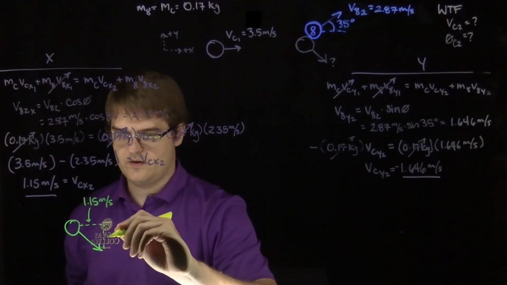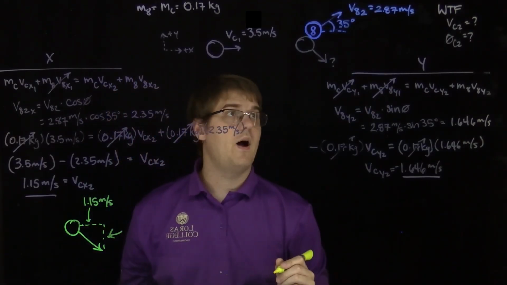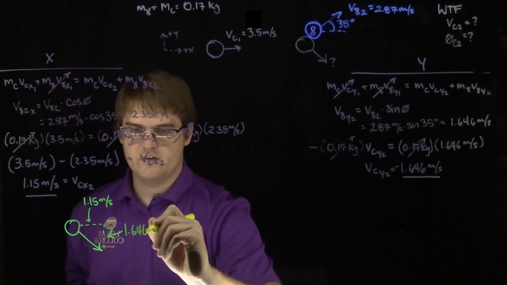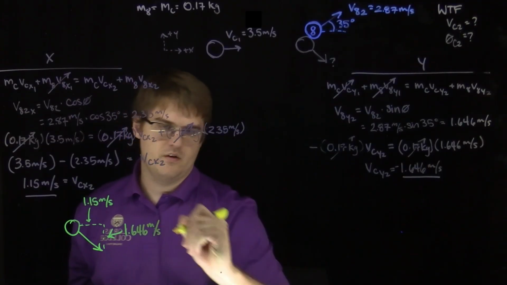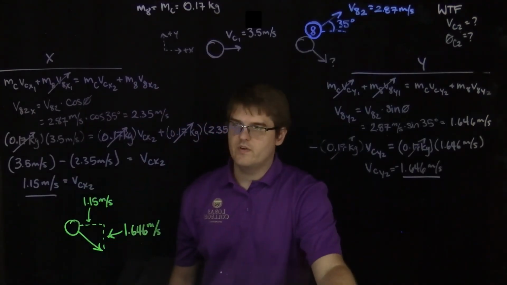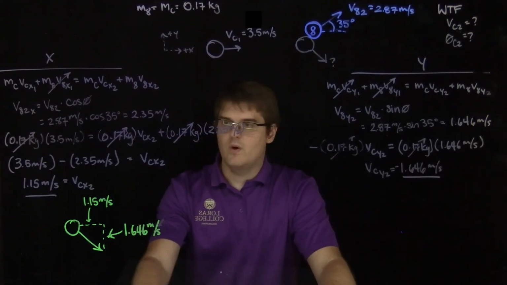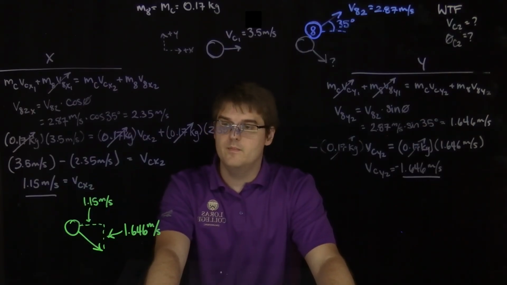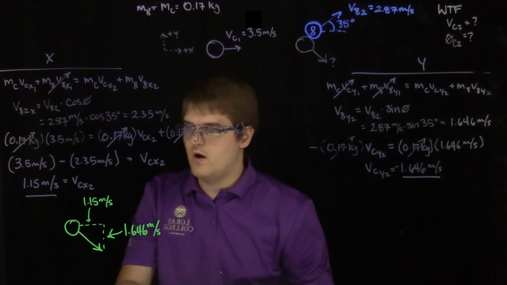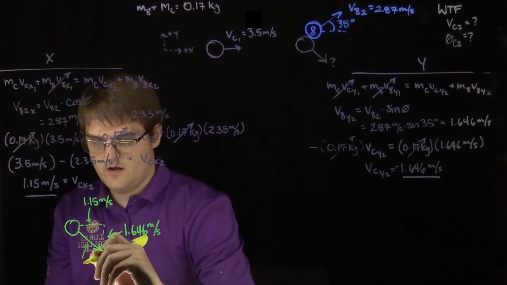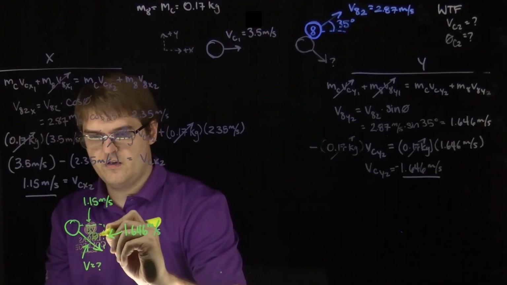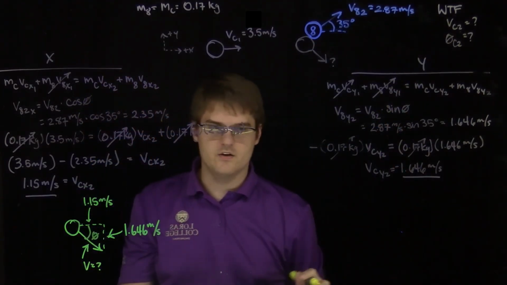And I know that my y aspect is 1.646 meters per second. I've got 1.65 in my notes. That's why this one has more decimals than the other, because I don't know the other one. And what I want is this one, and this one. That's my velocity, my angle.